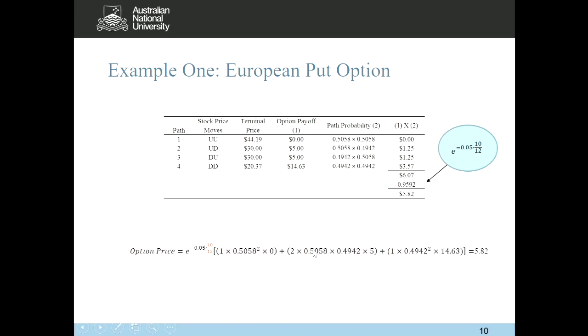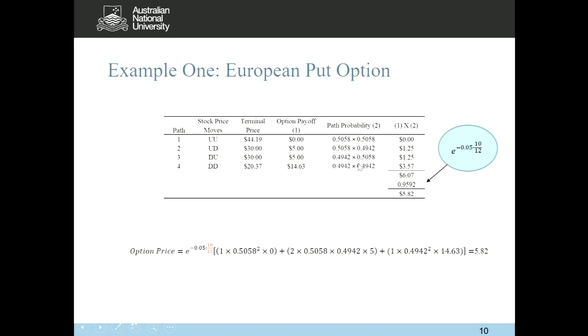So we can multiply by 2, because that is going to happen twice. And if we end up with the share price of 30, it is $5 below the strike, right? So if we exercise the put, we make a payoff of $5, so that is multiplied by the $5 payoff.